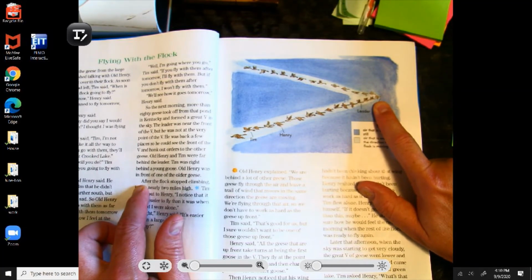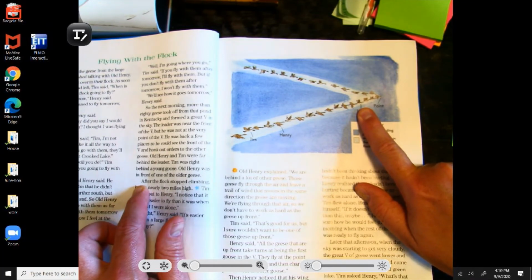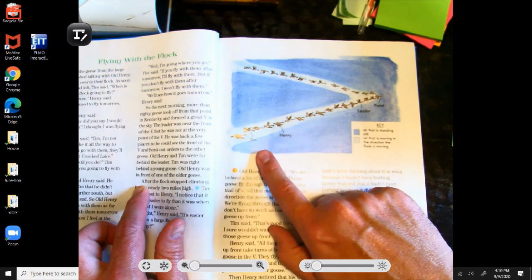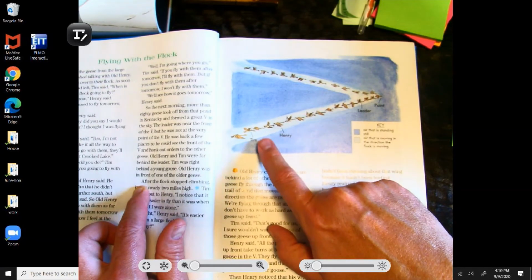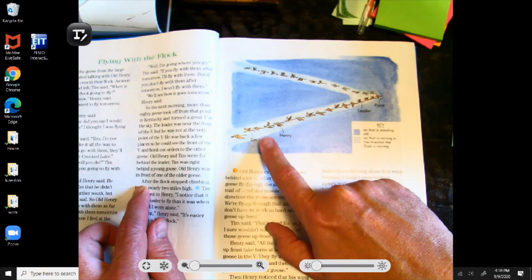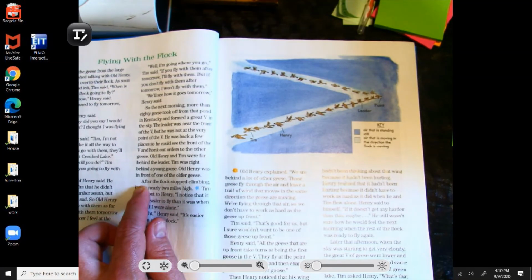No. Remember, the leader is back a little bit from the point, so he can see the front of the V and give the orders. Now, find Henry and Tim. They're pretty far behind in the V, aren't they? That'll be important a little bit later, so make sure you're noticing where they are.